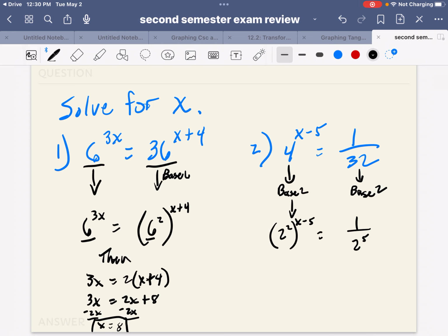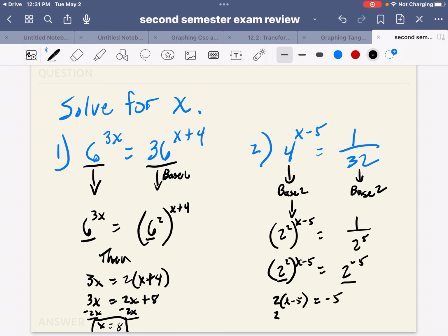Well, now I can keep the left side as 2 squared to the x minus 5 equals, I can change the right side to 2 to the negative 5th power. So now both the left side and the right side have a common base. So now I can say 2 times x minus 5 equals negative 5.